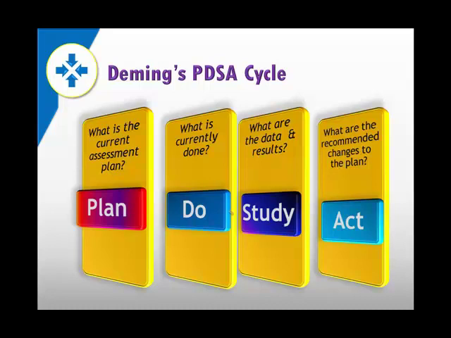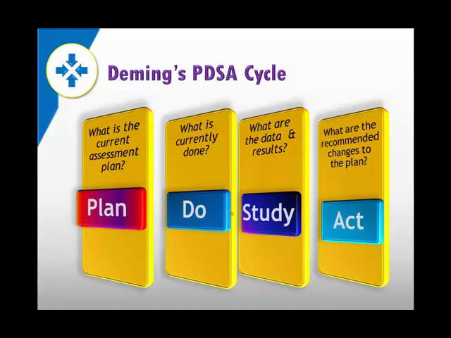We selected Deming's Plan, Do, Study, Act cycle as a framework to assess our current program evaluation process. The PDSA cycle developed out of a need for ongoing quality improvement. The economic downturns of the 60s and the 80s resulted in many businesses and organizations looking at improvement as an unending process.